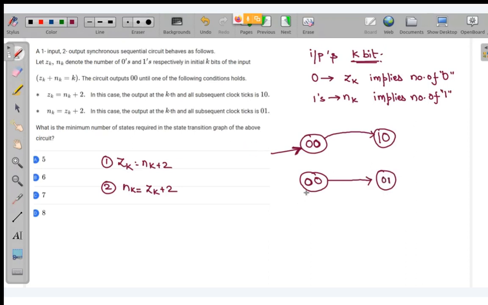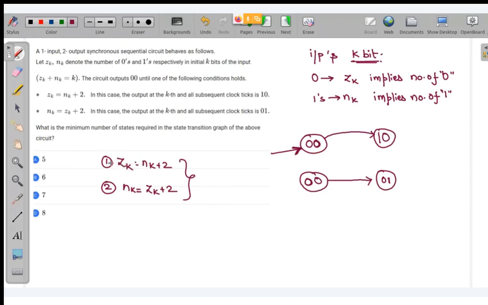Now they are asking, you can see only these two conditions, and for these two conditions there will be a transition. So what are all the possible cases here?